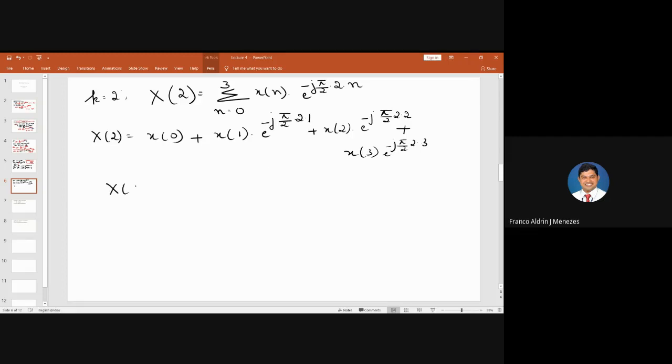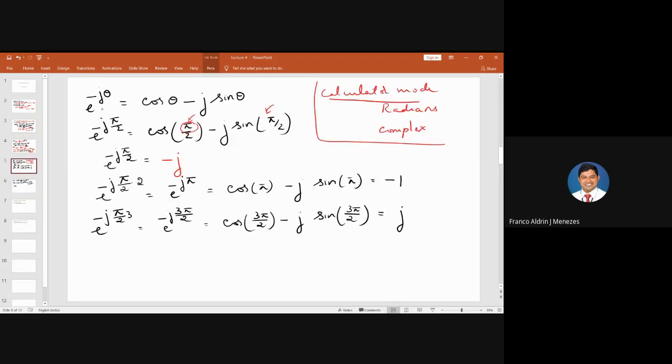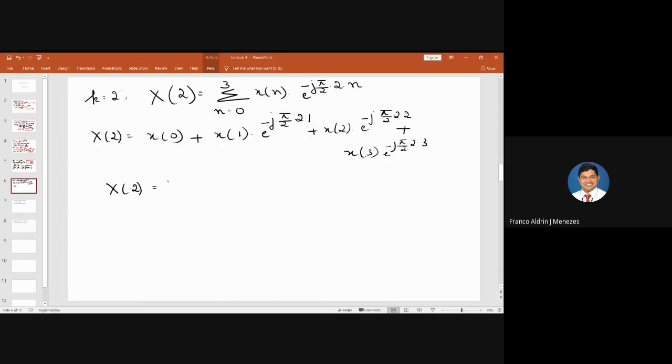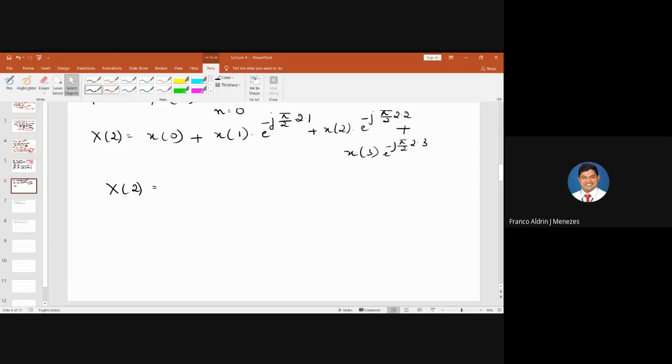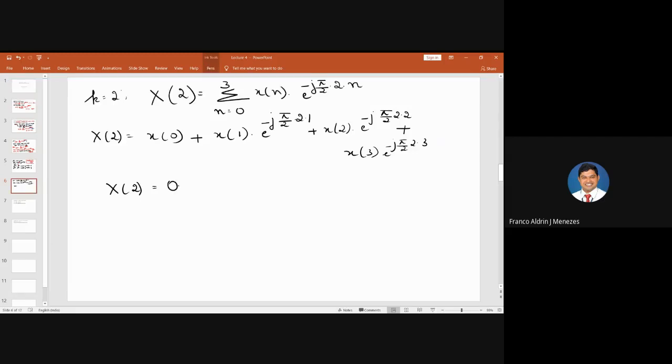So now I have given the steps how to obtain this. Use the same expression e to the power of minus j theta and give me the values for this. So for x of 0, anyhow it is equal to 0 plus x of 1 is 1 into what is the value of e to the power of minus j pi by 2 into 2. So 2 can be cancelled. So it will be e to the power of minus j pi. So what is that particular value? Minus 1, sir.